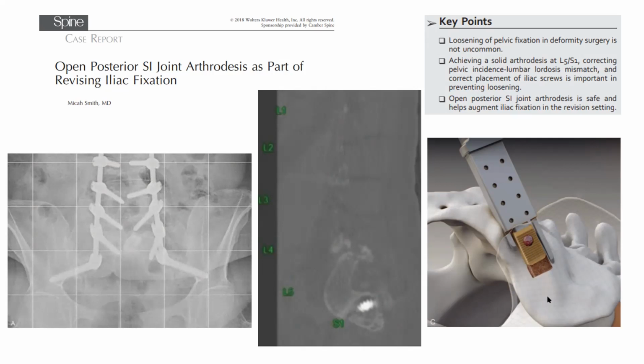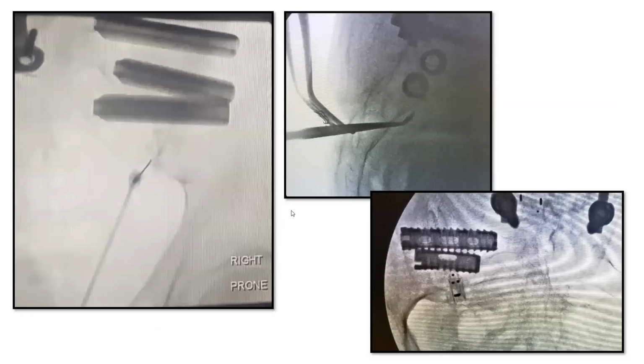It prepares the joint surfaces and allows for impaction of this allograft device in order to obtain a true arthrodesis. And again, this approach is very helpful for diagnosing pain despite internal fixation with fixating devices, non-fusion devices.